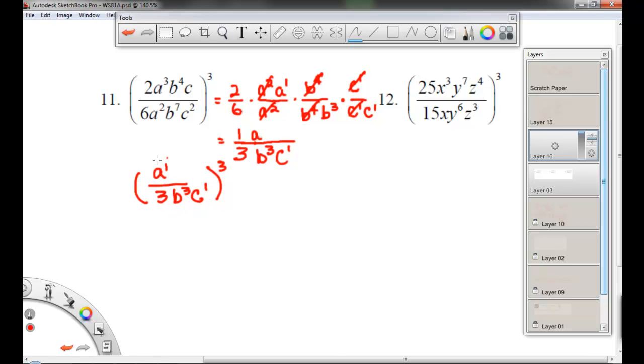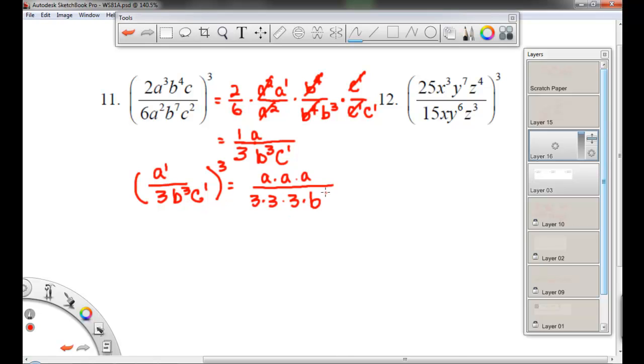Now this factor will be used 3 times as the base. I will write this just a little bit different. A is multiplied together 1, 2, 3 times. 3 is multiplied together 1, 2, 3 times.